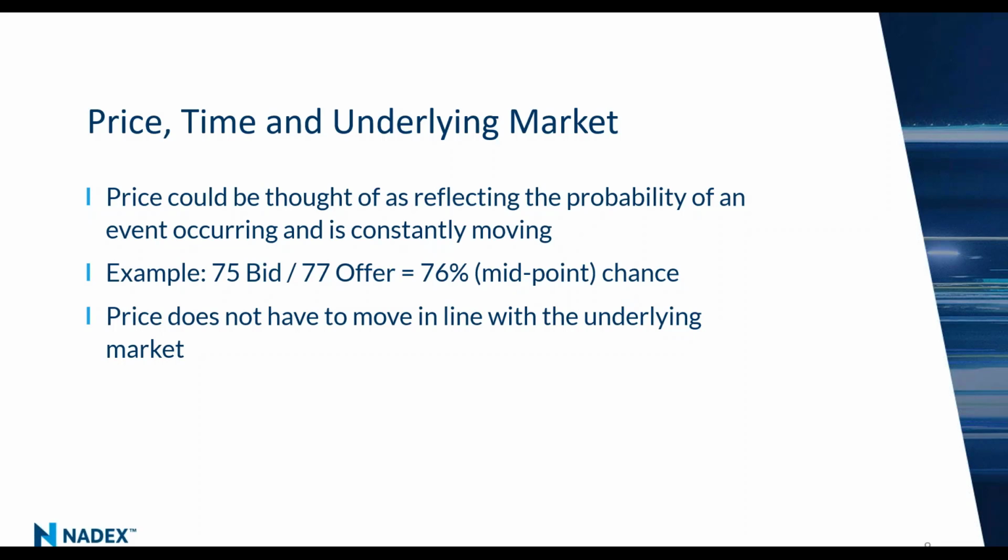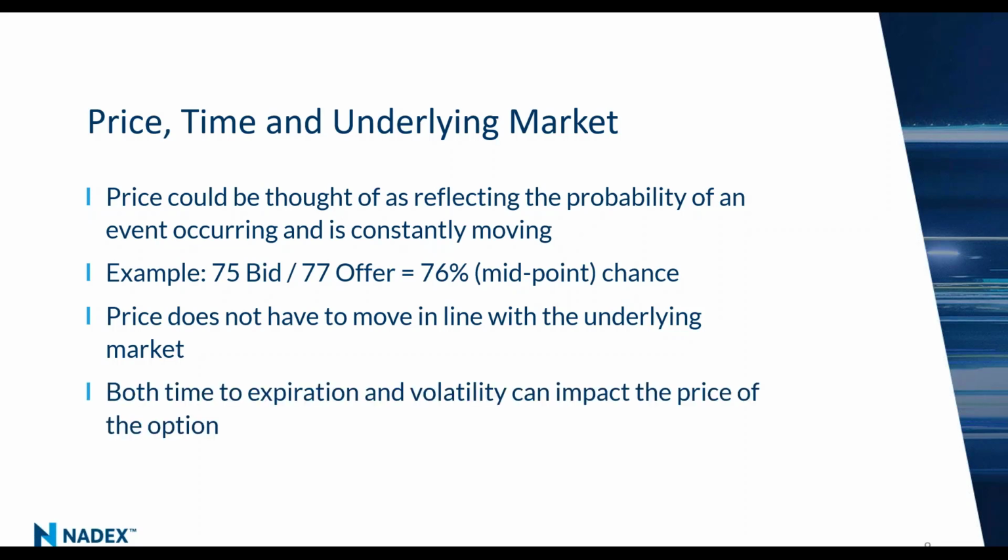Now, the probabilities do not have to move exactly with the price of the underlying in the market. As the underlying moves, it could affect the probabilities, but there are other factors as well. So it's not going to be a linear relationship as the price moves up and down. The price of the binary doesn't have to always reflect that because there could be other factors in play.